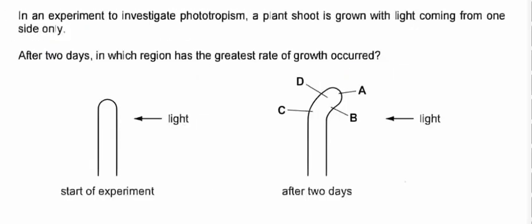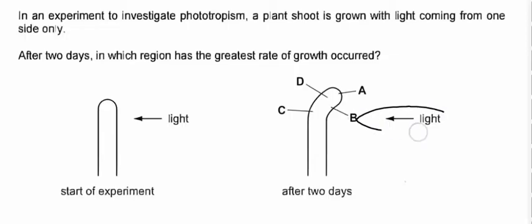The next one. In an experiment to investigate phototropism, a plant shoot is grown with light coming from one side only. After 2 days, in which region has the greatest rate of growth occurred? The growth in plants is controlled by the hormone called auxin. Auxins are denatured by excess heat or temperature.